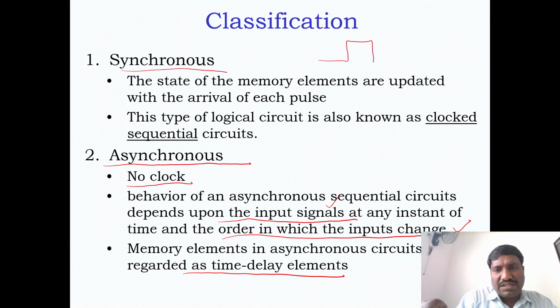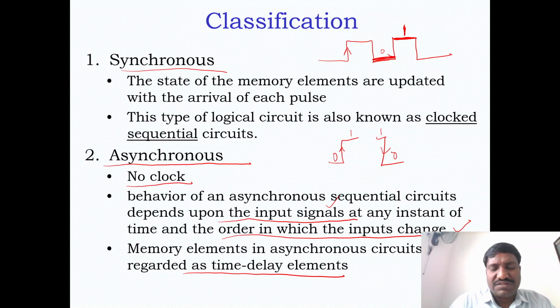The clock may be level triggered or edge triggered. Level triggered means that for any level, 0 or 1, it is going to change its state. Edge triggered means it changes at a 0 to 1 transition or a 1 to 0 transition.